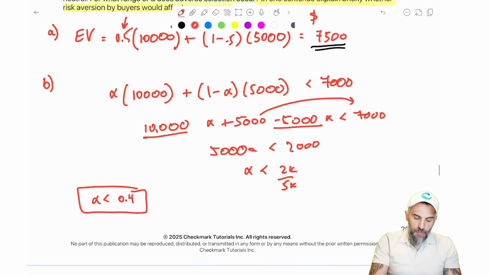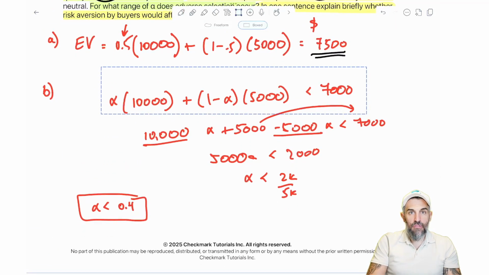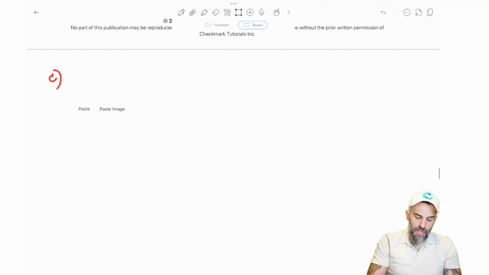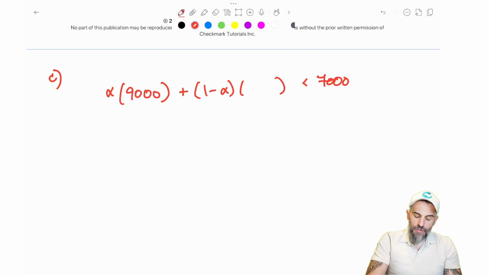And so what would happen if these prices here fell? Let's see, just for fun, okay? Let's redo the math here. And we'll just drop it by 1,000. So I'm a little bit more risk averse, and so I'm willing to pay 4,000 for a lemon and 9,000 for a good car, not more than that.